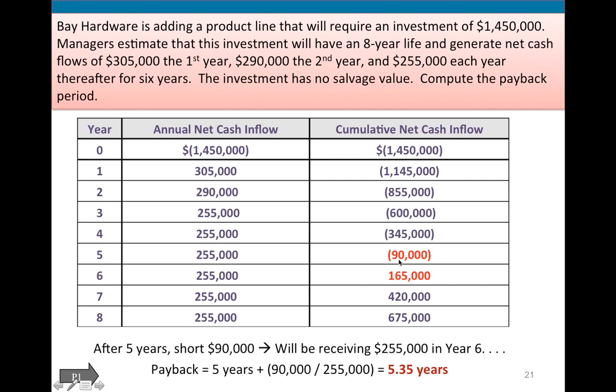I'm simply going to take 90,000 I have to recuperate, divide by 255, which gives me 0.35. This is a calculation you will have to make in some of your homework problems and on the test. So the payback period here is 5.35 years, which is acceptable since I'm going to use this investment for 8 years.